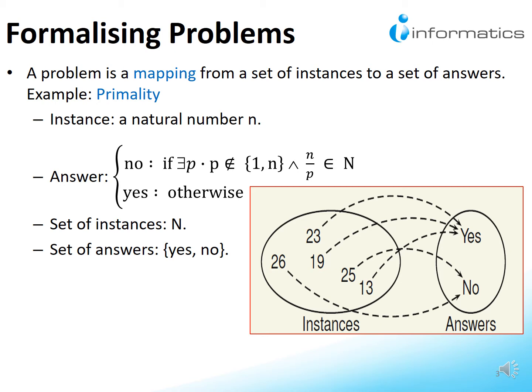In this problem, the instances are integers, positive numbers, natural numbers, and the outputs are yes or no. For example, if the inputs are 23, 19, or 13, all these are prime numbers, so we say that the output is yes. Otherwise, like 26, which has proper factors such as 2 and 13, the expected output is no.